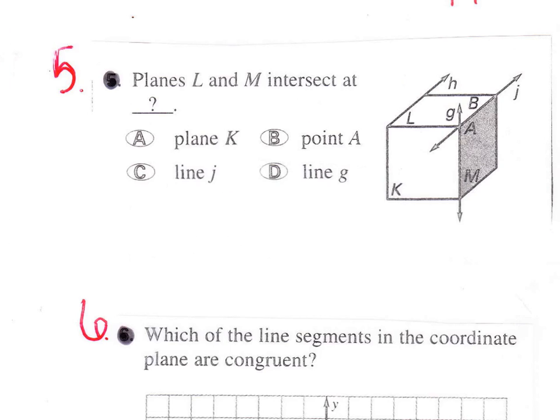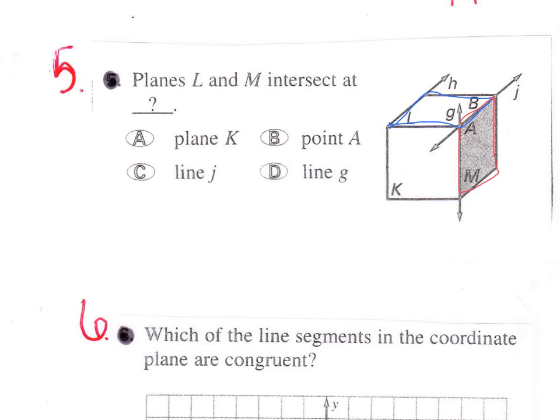On number 5, planes L and M intersect where? Okay, so you got plane L, which is this one right here, and then you've got plane M, which is over here.